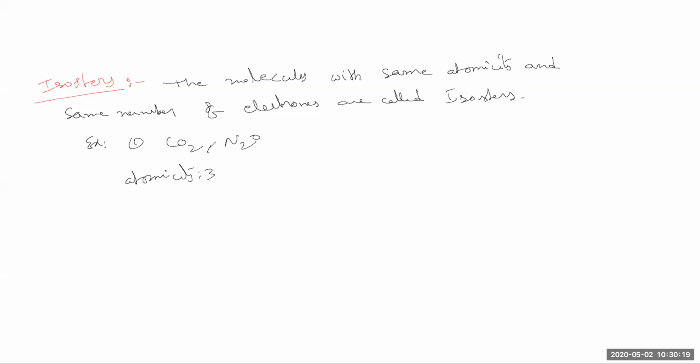And the number of electrons in both cases: carbon 6, oxygen 8 plus 8, 16, plus 6, 22. Nitrogen 7 plus 7, 14, plus 8, 22. So the number of electrons is 22. Correct now?